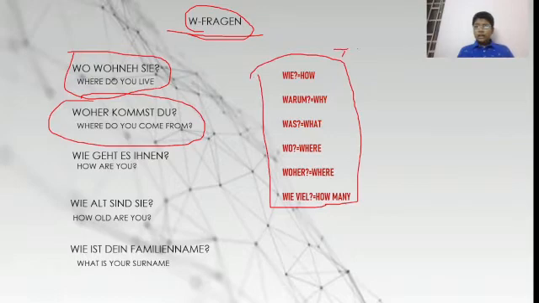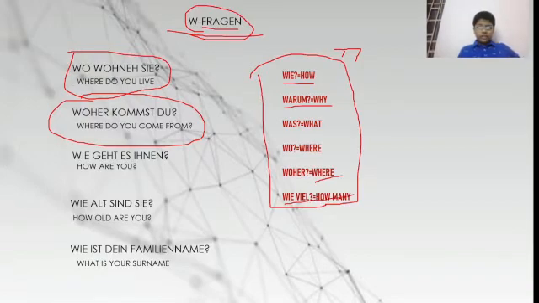These are the question words which start with the letter W. So the topic is W-Fragen. Fragen means question. Then wie means how, warum means why, was means what, wo means where, and woher also means where, and wie viele means how many.